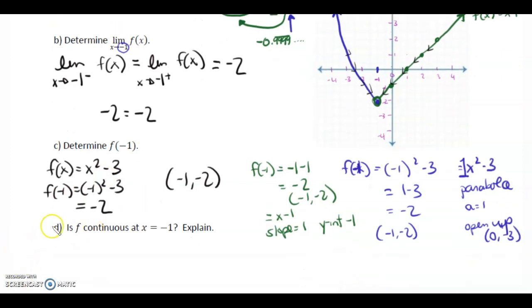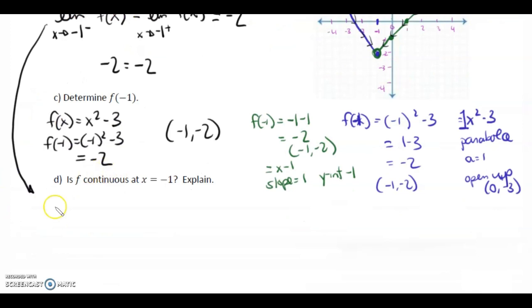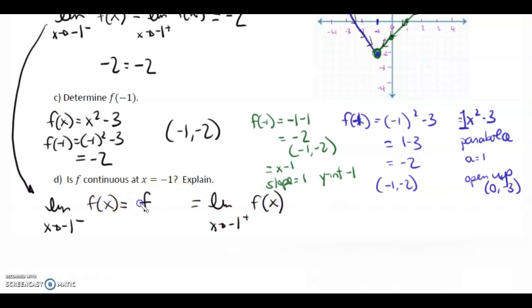Okay, and D, is f continuous at x equals -1 and explain. So I'm going to do this as a continuation of the limit. We've already determined that the limit as x approaches -1 from the left of f at x equals, I'm leaving this blank, the limit as x approaches -1 from the right of f at x, and these both equal f at -1.